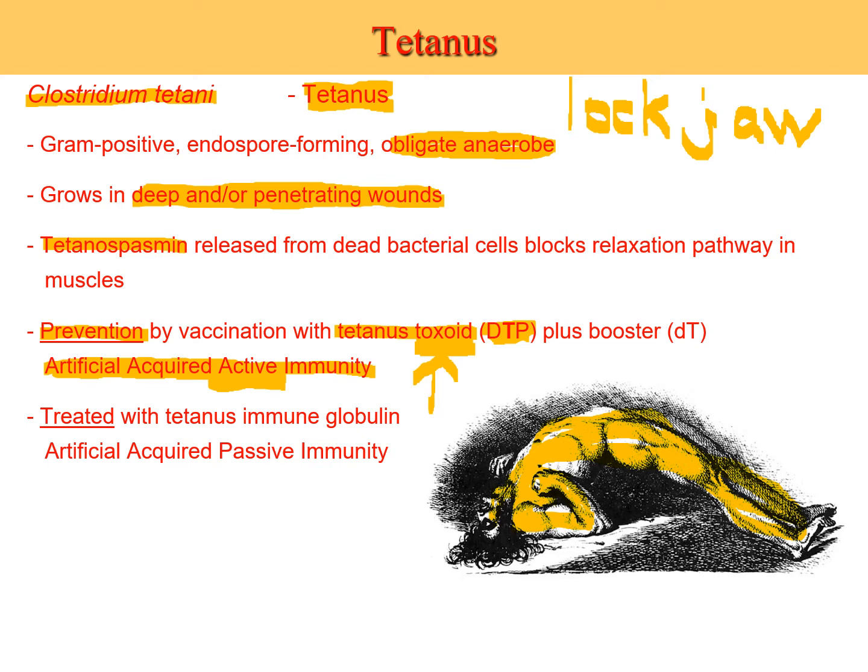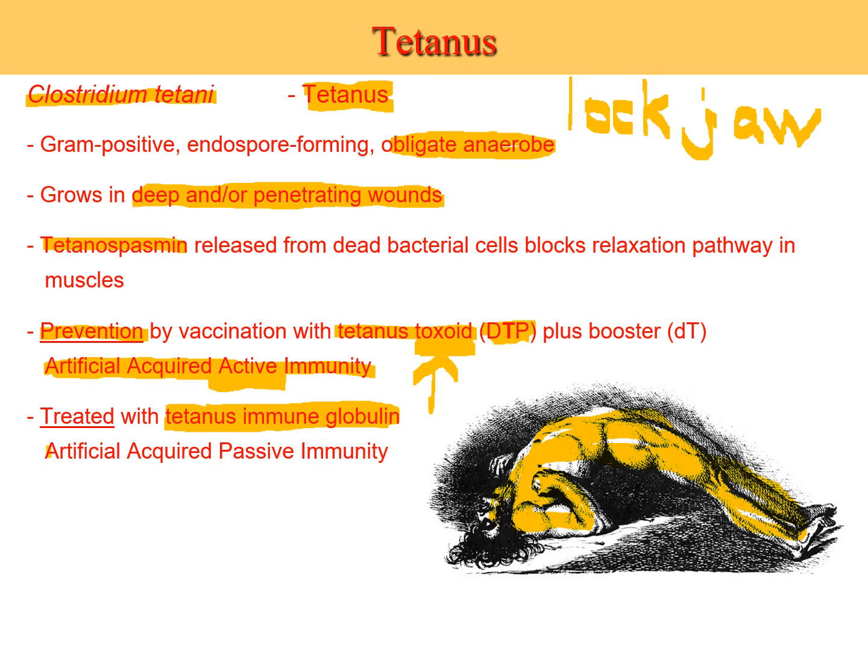So they also will treat with tetanus immune globulin. They'll give the person immune globulin. That's a fraction of the gamma globulin, fraction of the serum that contains antibodies, and they give antibody against the tetanus toxin.